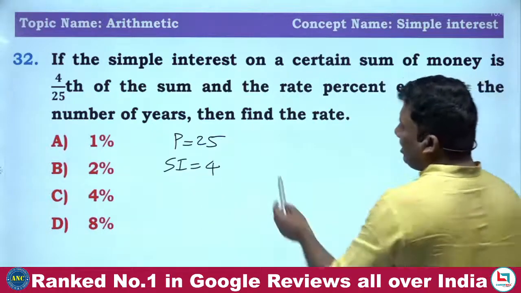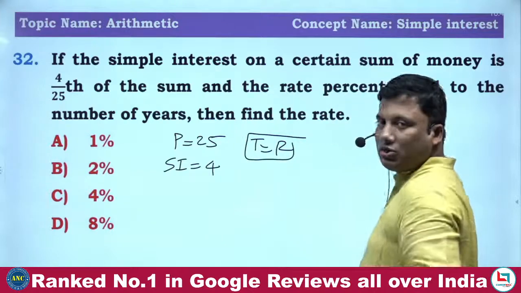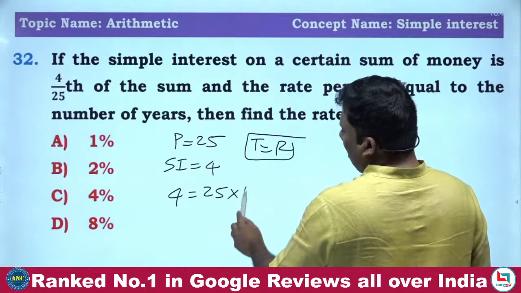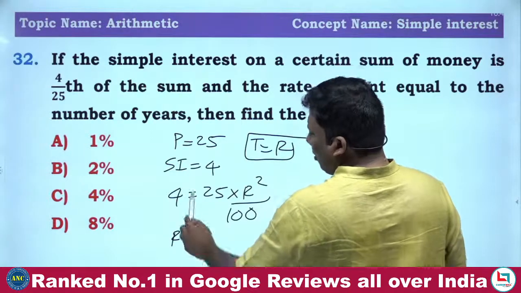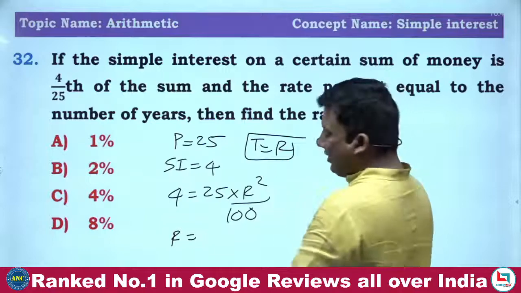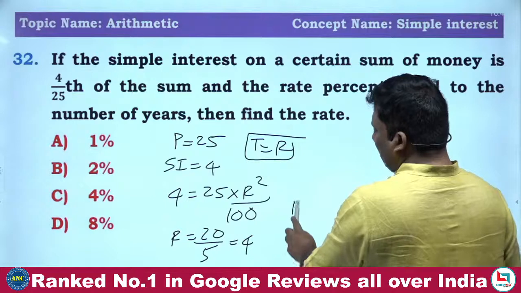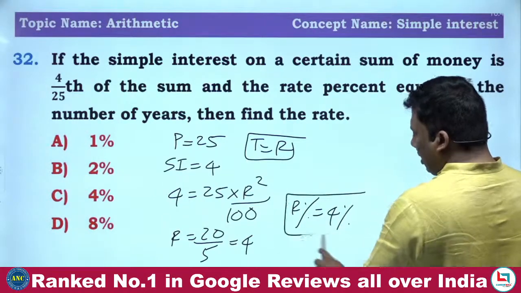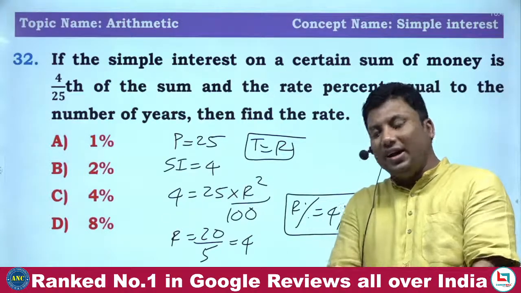Rate percentage is equivalent to time period, T is equivalent to R. So simple interest is equivalent to P into R square by 100. So R square is equivalent to 400. 400 under root is 20. 20 by 4, which is 4 percentage. So R percentage is equivalent to 4 percentage. I hope the idea is clear.